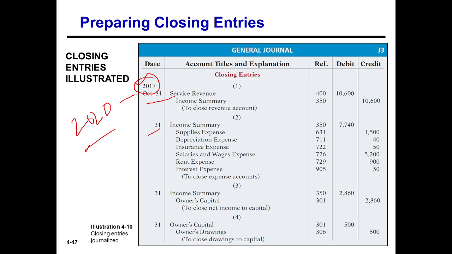Income summary: expenses are normally debit, but when you close the accounts they will be credit. So all these six types of expenses will be credit and income summary will be debit. Now one income summary is credit, one income summary is debit, but after balancing we get income summary debit and owner's capital credit, that means the income summary is closed to the owner's capital account.